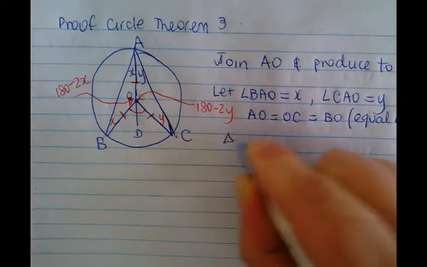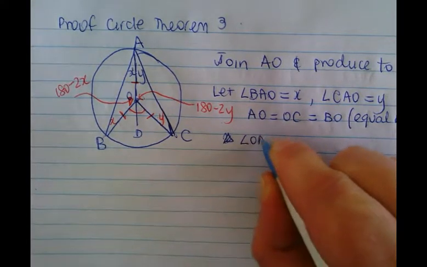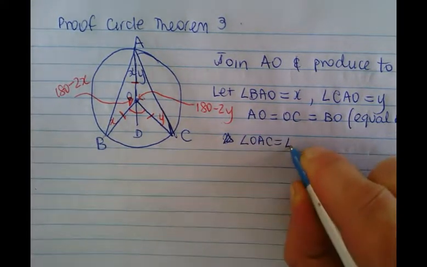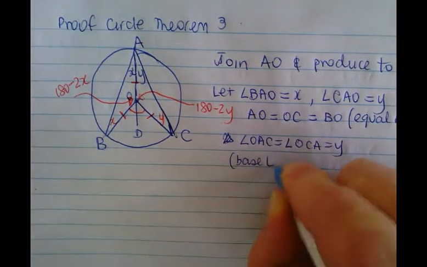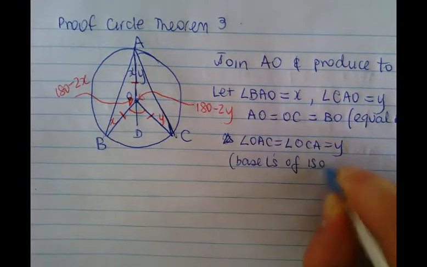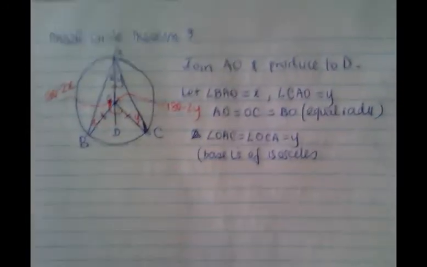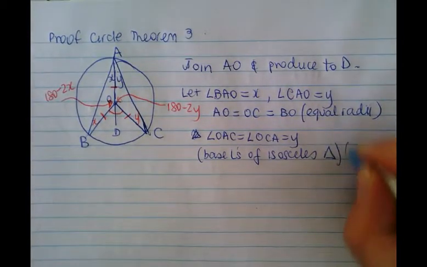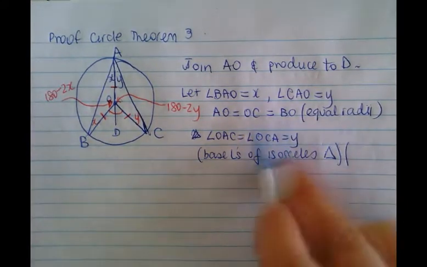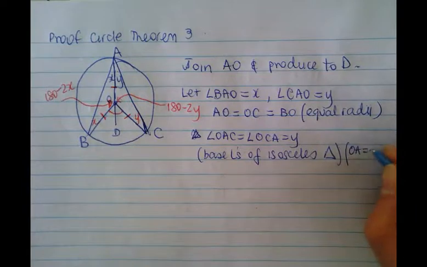So therefore angle OAC equals angle OCA equals y, base angles of isosceles triangle, OA equals OC.